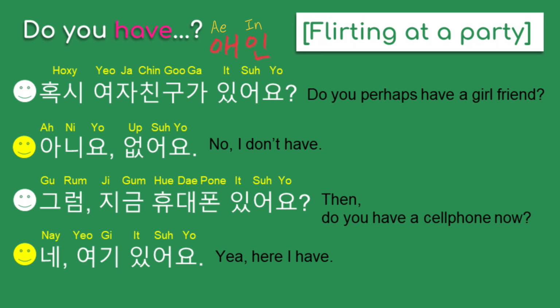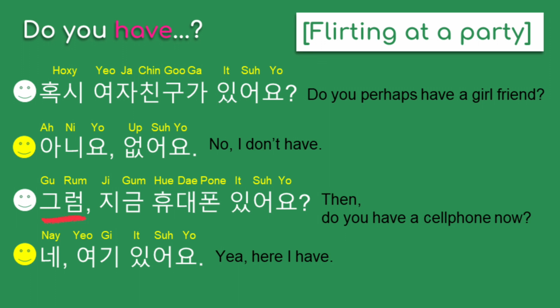And because 친구 doesn't have 받침, you're gonna use 가. 여자친구가 있어요? 혹시 여자친구가 있어요? Do you perhaps have a girlfriend? The answer, 아니요, 없어요. No, I don't have. 없어요, I don't have.